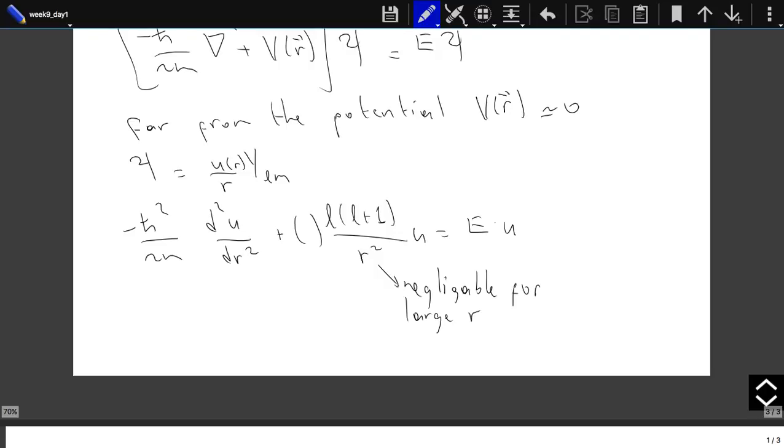So at very far away, our solution should look like this one. It should satisfy this equation.